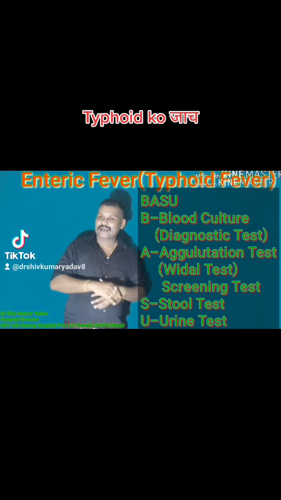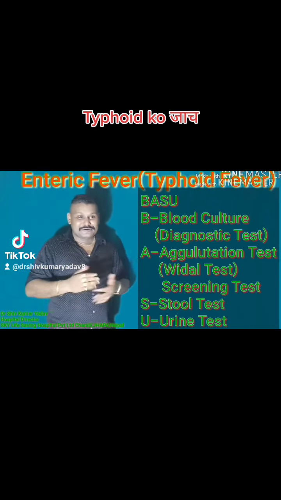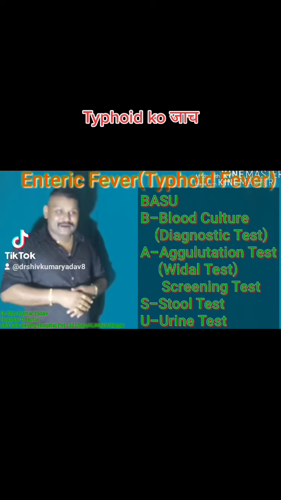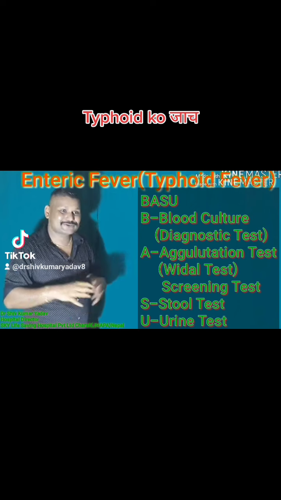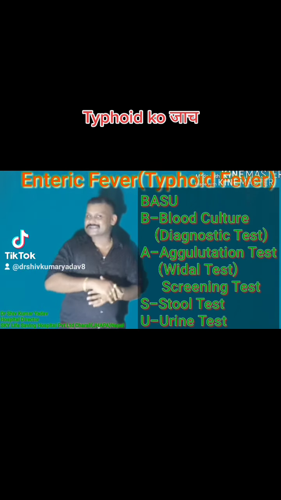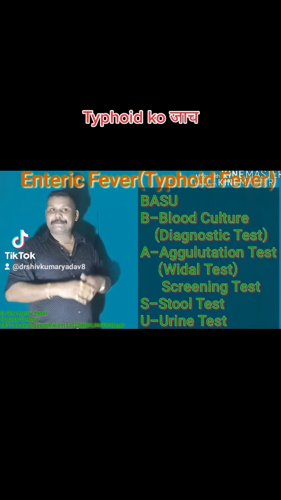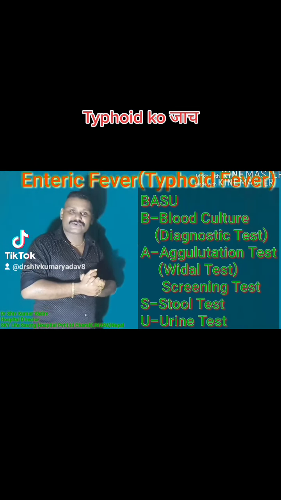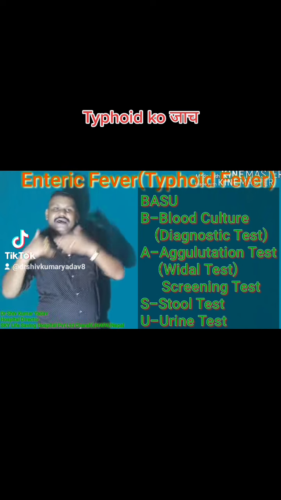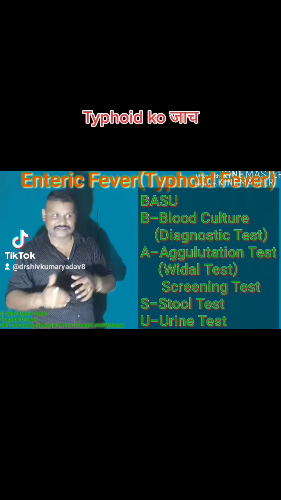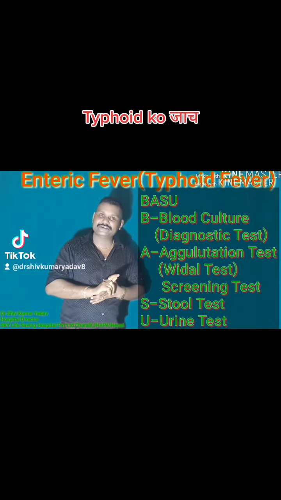So we normally perform the Widal test, that's the agglutination test. It's a fast screening test to detect the disease. It's very fast. So we perform the screening test, Widal test, which is 70% specific, and later on we perform a stool test and urine test.